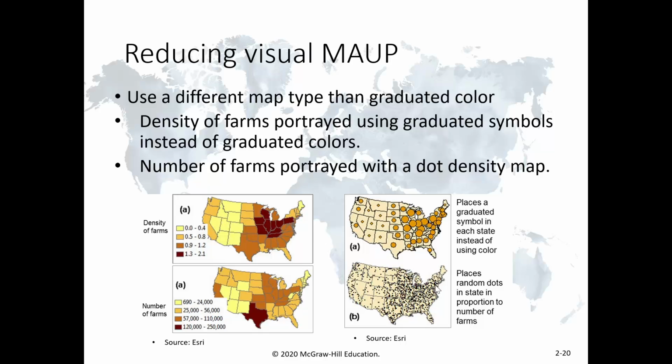It still looks clear that the eastern half of the country has more farms, it is more dense with farms than the west.